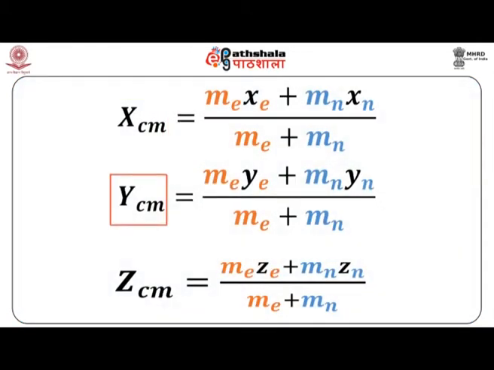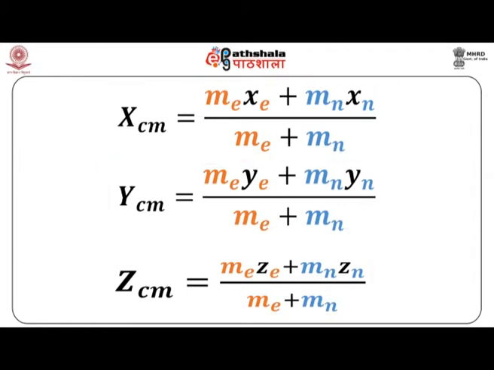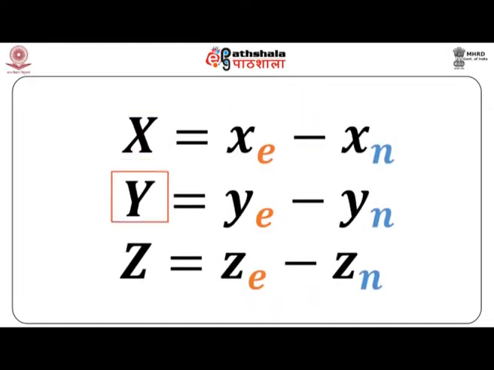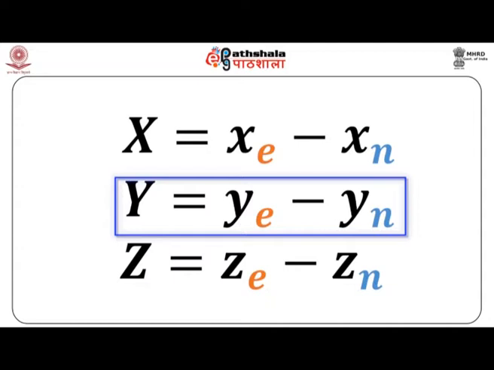Therefore, if xcm, ycm and zcm are the coordinates of the center of mass, which are given, you can see xcm, ycm and zcm are represented in terms of the coordinates of the nucleus and the corresponding coordinates of the electron and their respective masses. And x, y, z are the coordinates of the electron relative to the nucleus. That means x is equal to xe minus xn, y is equal to ye minus yn, and so on.